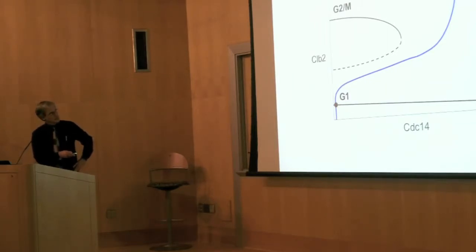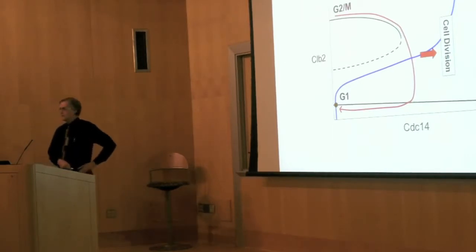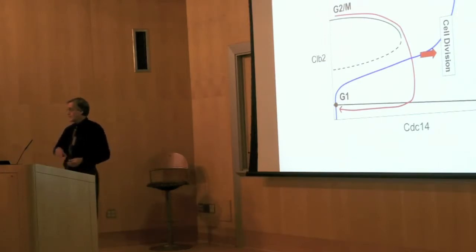When CLIB2 level is low, CDC14 level wants to be low. So if we start up here and activate CDC14, then the switch will flip off. This drop in kinase activity drives cell division, and then CDC14 goes away, and we return to that steady state. So now we flip the other direction.